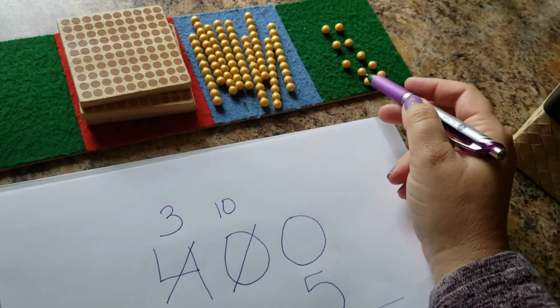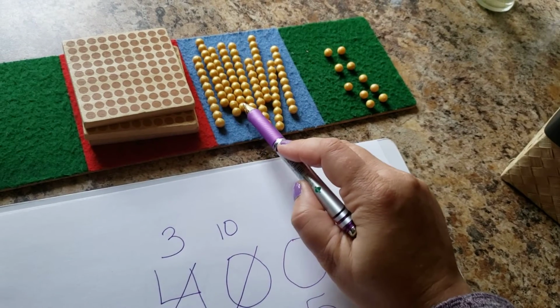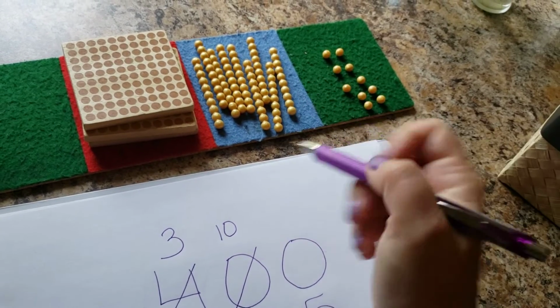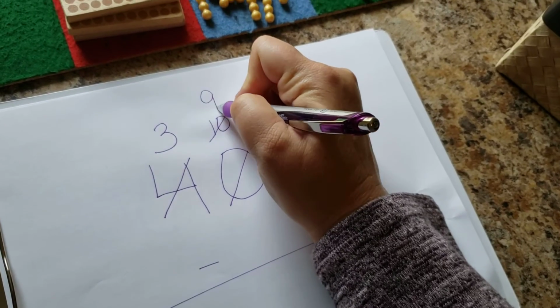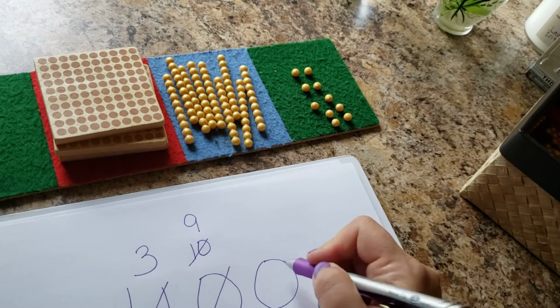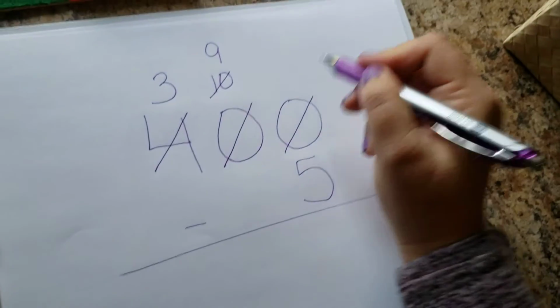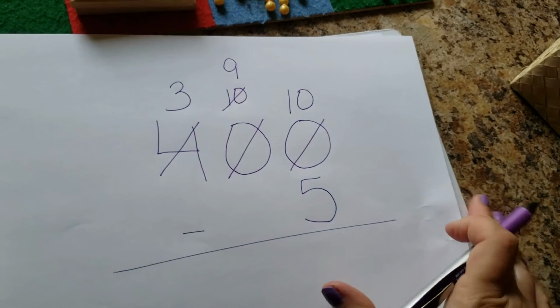Now we can exchange our units. So do we have 10 now? 1, 2, 3, 4, 5, 6, 7, 8. Oops, we don't have 10 now. Now we have 9. And how many units do we have? We have 10 units. So that 0 becomes a 10. So now can I subtract 5 units?